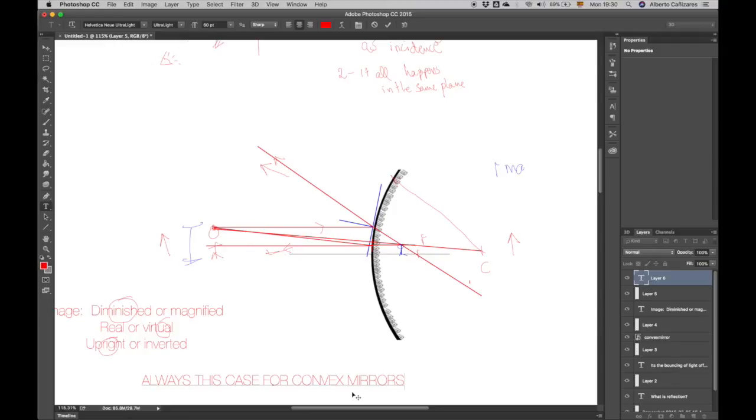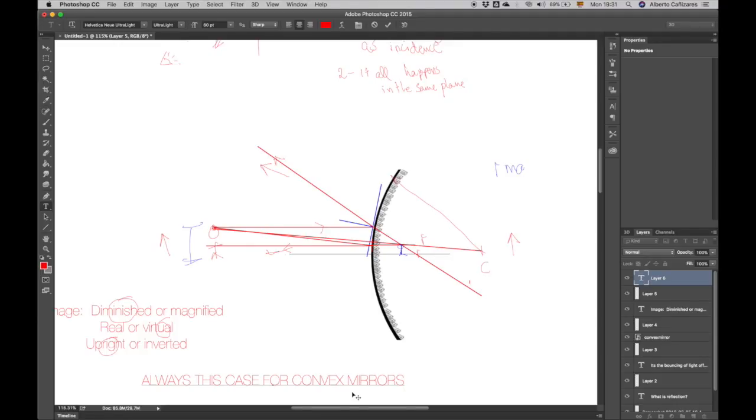And it would be really annoying if the car is coming to you upside down. So the good thing is that the image is always upright, meaning in the same orientation as it should be, which is a bit like plane mirrors. You don't all of a sudden think of the image as flipping.